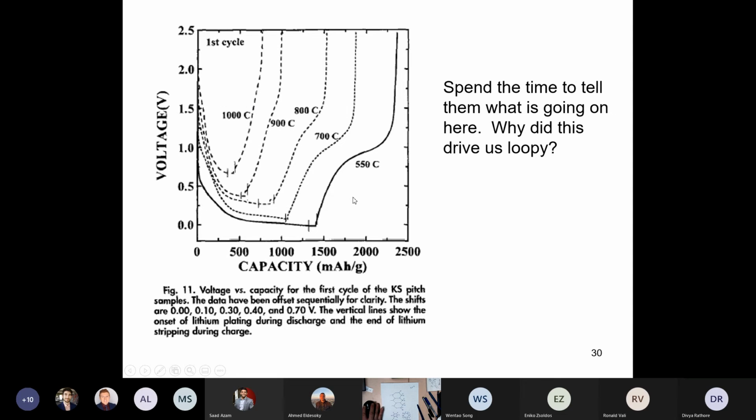So all of these materials in that big table on the previous slide, they all show the same behavior. It's got to be associated with the hydrogen in the material.